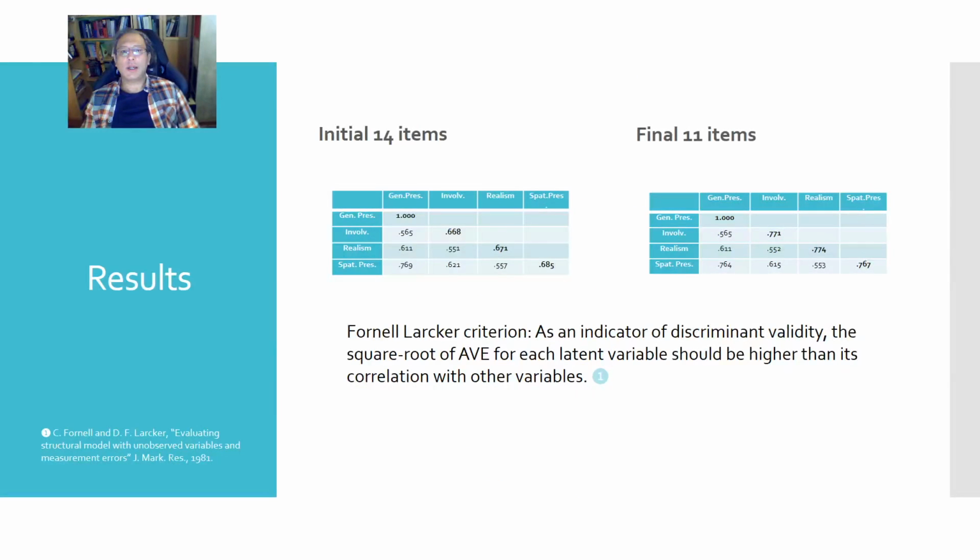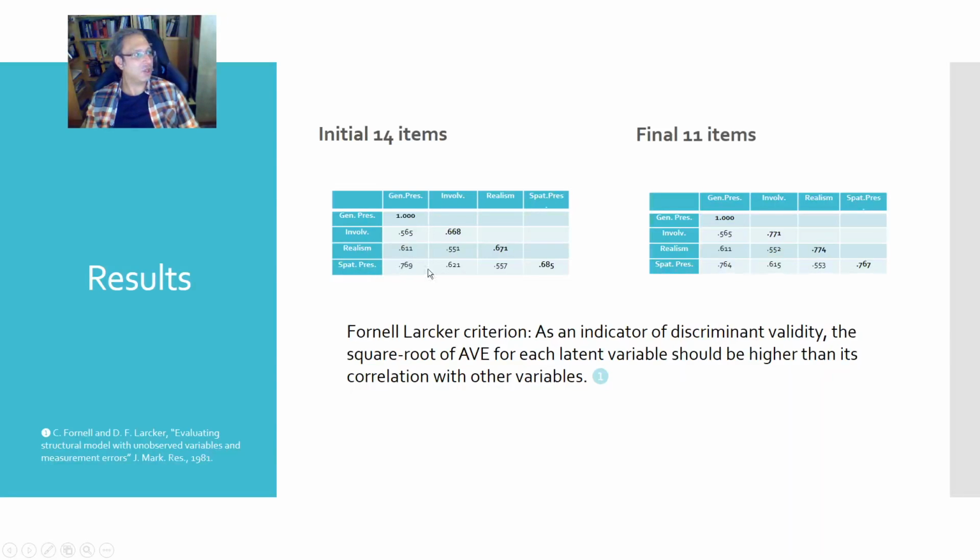So also we achieved the discriminant validity according to Fornell-Larcker criterion. The 14-item scale did not have a discriminant validity for the spatial presence. So the square root of the average variance extracted of spatial presence was lower than the correlation between the spatial presence and general presence. So this is the square root of the average variance, and this is general presence, and this is spatial presence.